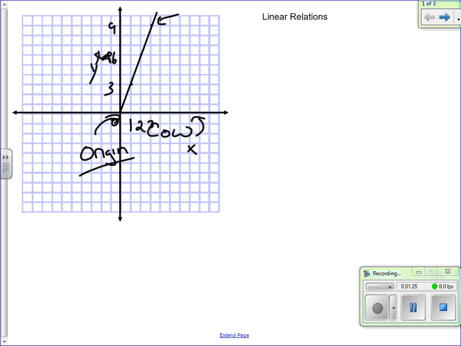Okay, now, the slope of this line is a constant, and it's a constant that we can graph. And so the formula to calculate slope is just rise over run.